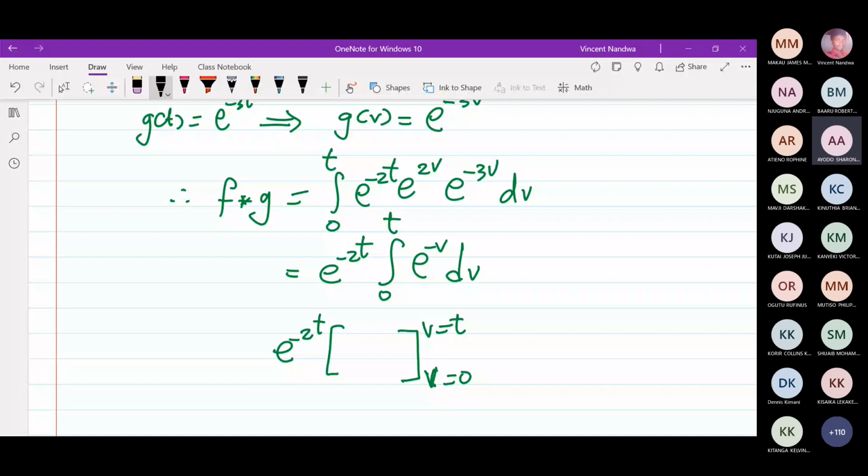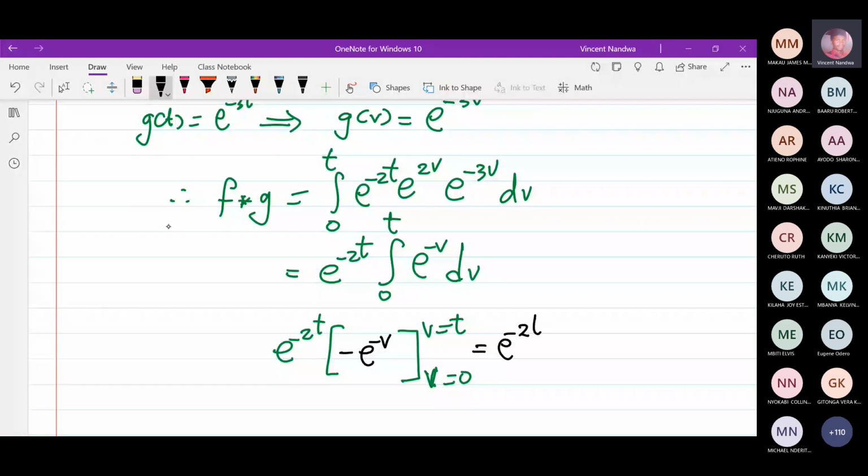Minus e raised power minus v, okay? Yeah, correct. So this will be e raised power minus 2t into the upper limit will be minus e raised power minus t.